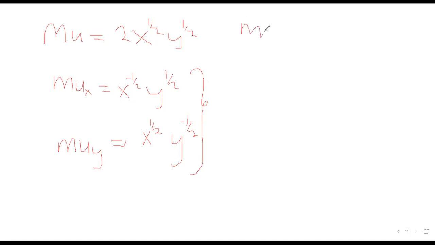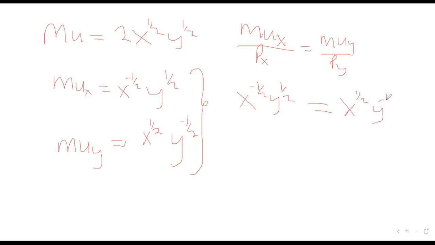Remember, we optimize the bundle when MUx over the price of x is equal to MUy over the price of y. So here MUx is x to the negative half, y to the positive half. For MUy, the negative is on the y. The price of x was what? 10 kwacha. The price of y was what? 40 kwacha.